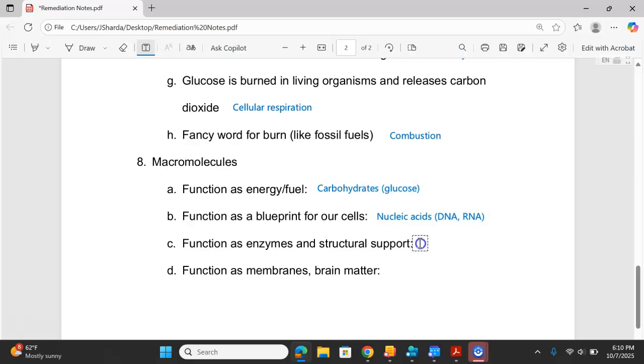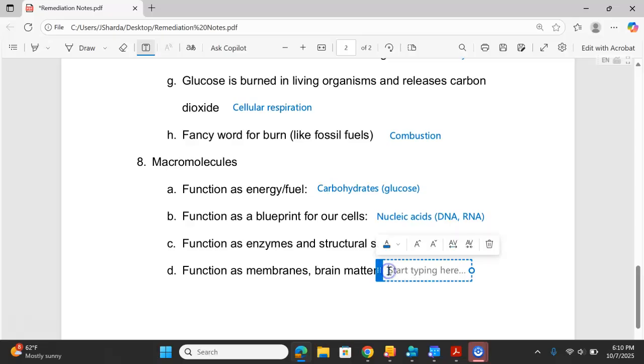Okay? All right. The macromolecule that functions as enzymes that help us to digest things and make all these chemical processes happen, and also provide us with structural support. These are proteins. Okay, we will learn more about that later. Very important macromolecule.